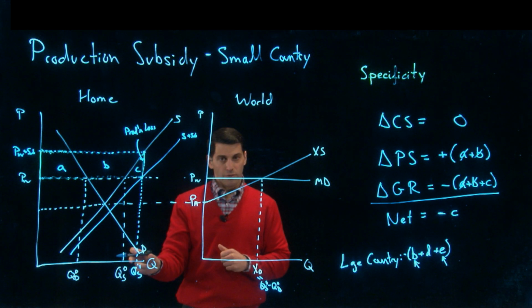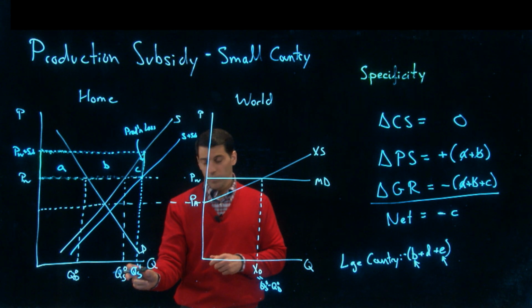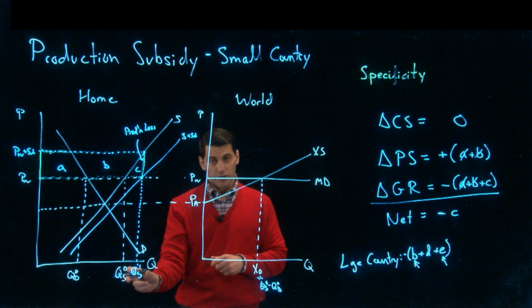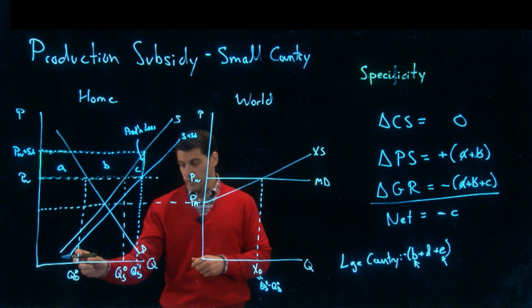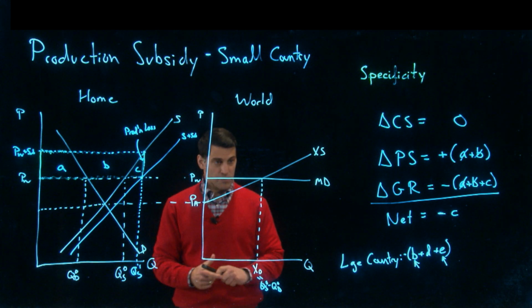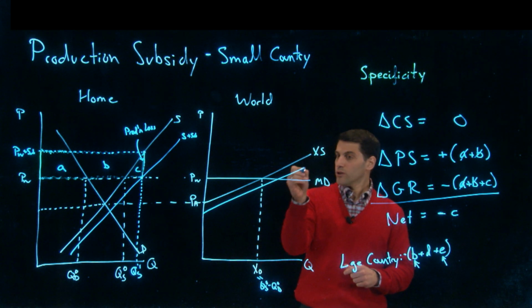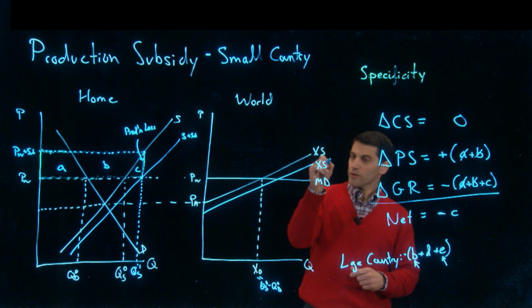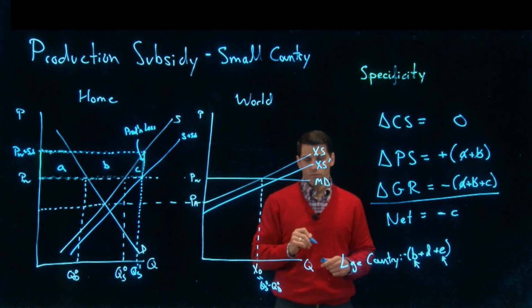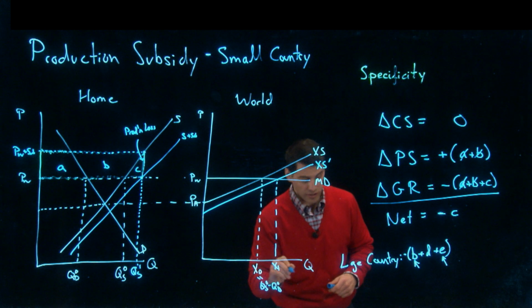What happens to the total change in exports? In this case, exports are only going up due to the increase in production. There is no attendant decrease in consumption. So the shift out of the export supply curve in this case is actually much smaller than it is with the overall export subsidy instead of the general production subsidy.